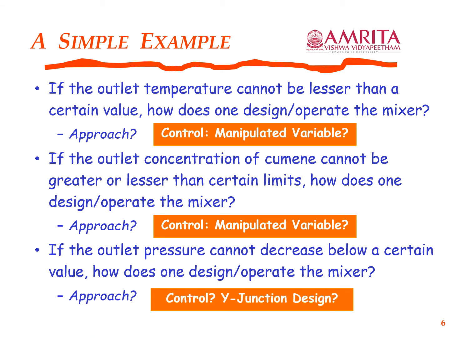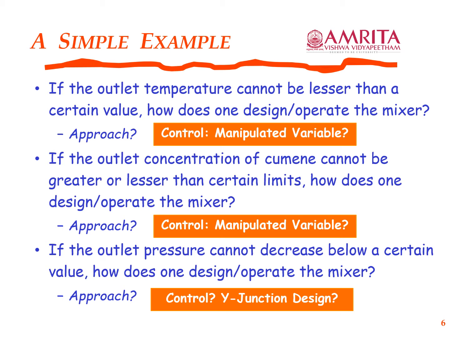So, in a Y junction, how do you come up with a design? One way to change the outlet pressure would be to change the angle of the Y, isn't it? So that is one way in which you could change the outlet pressure.